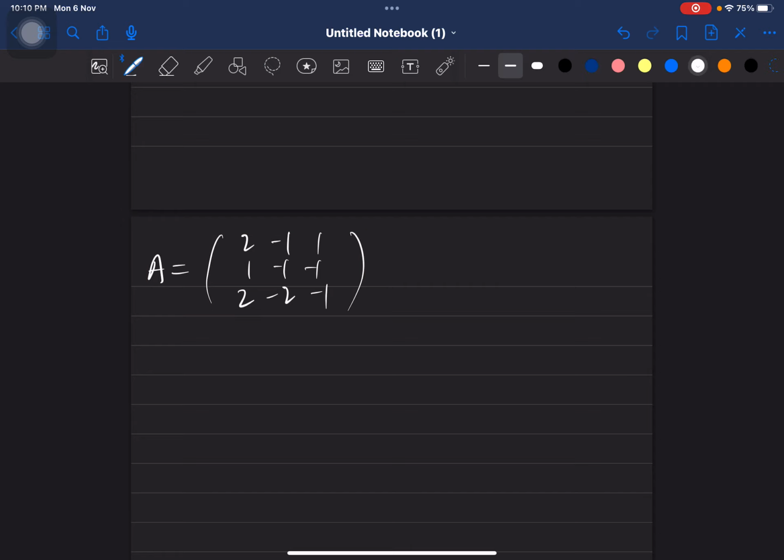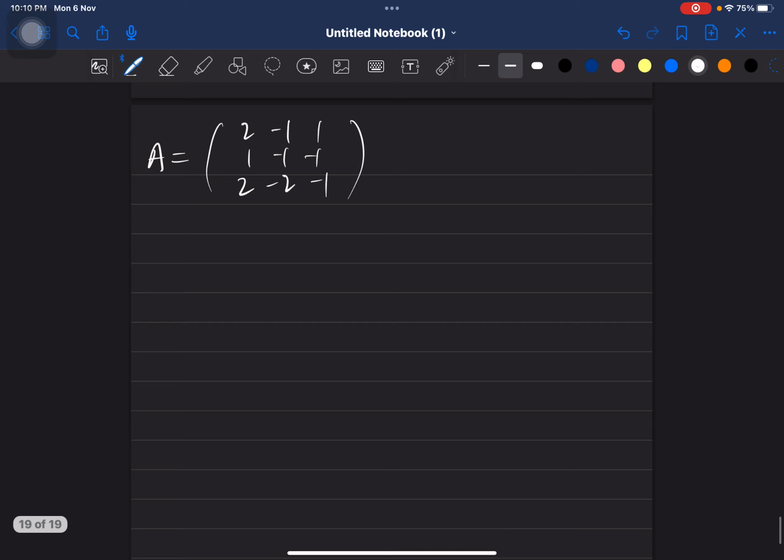You need to follow my steps. My steps are like the most standard way for you to answer in the exam. The question is to find out what is A inverse by using ERO, elementary row operation. ERO means elementary row operation. Okay, that is the name of the method.